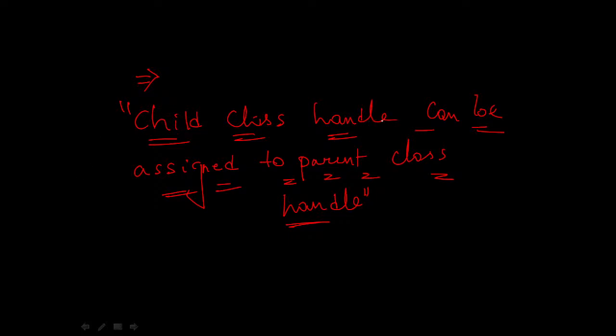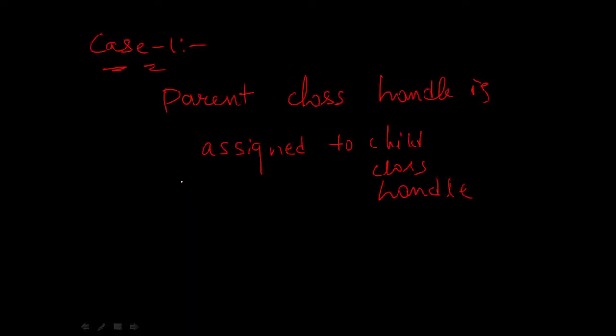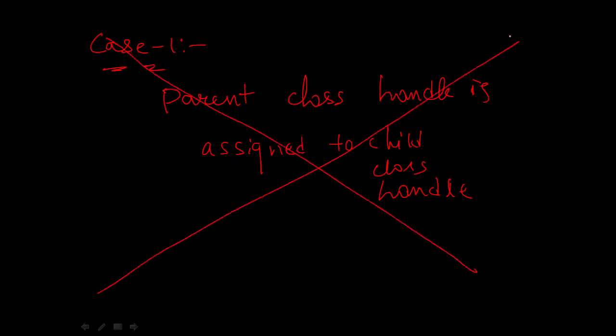Only a child class handle can be assigned to a parent class handle, but vice versa, that is, a parent class handle cannot be assigned to a child class handle. That is, case 1 is not possible. Here we will get an error when we try to assign a parent class handle to a child class handle.